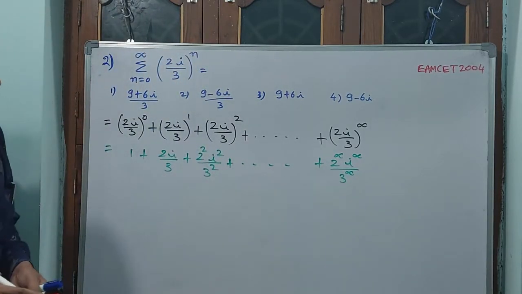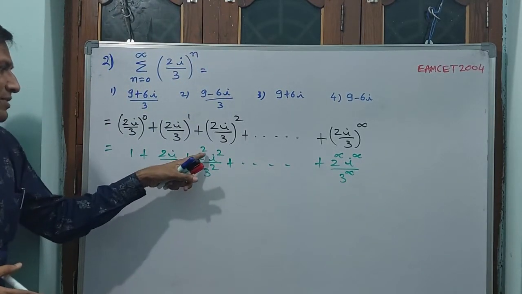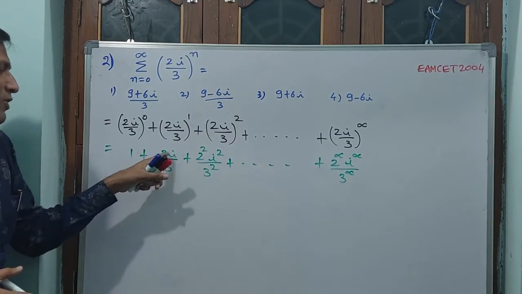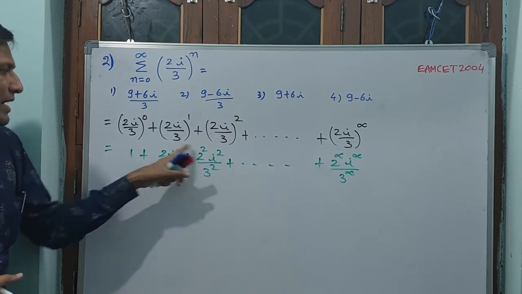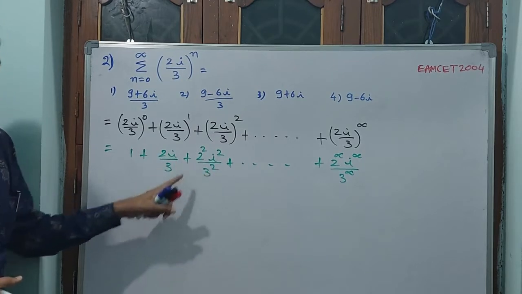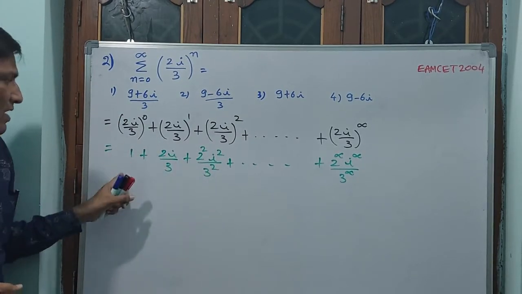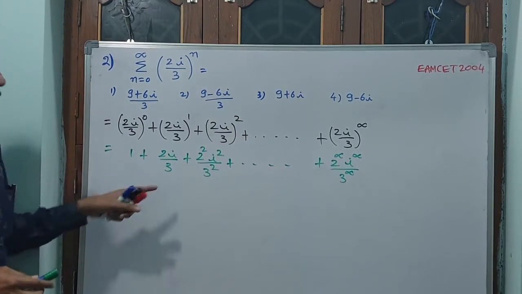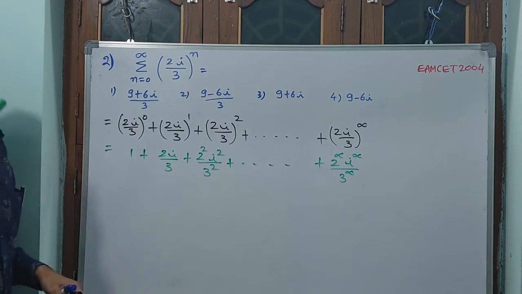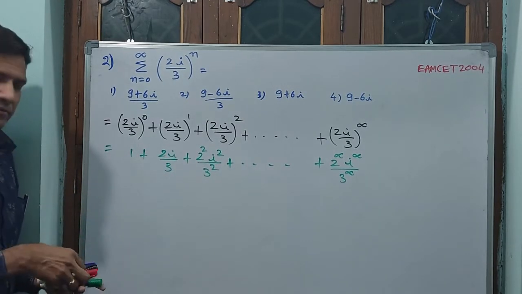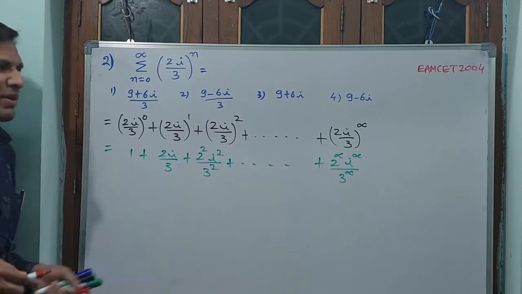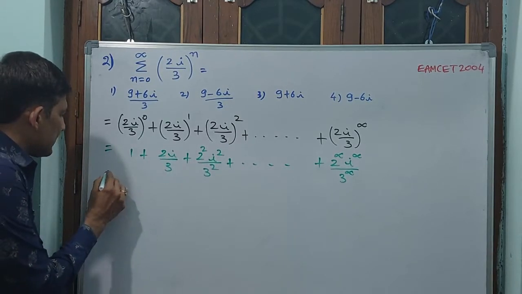Okay? Now you tell me by seeing this itself, why? Because square is there. If you divide, automatically 1, 2 is going to get cancelled, 2 will come; I by I is going to get cancelled, I will come; 3 by 3 is going to get cancelled, 3 will come. That means whatever you multiply, the same thing is going to happen. That means this is a geometric series. Okay? This is a geometric series. Geometric series means the formula you have to write like this.